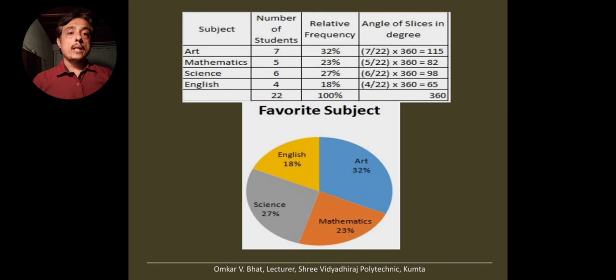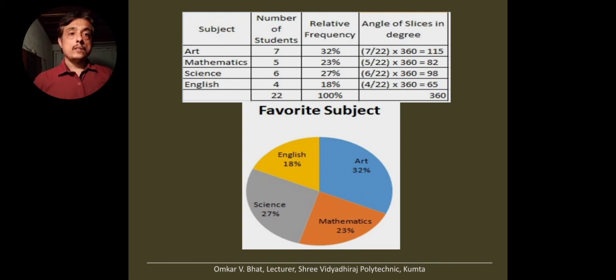Each and every slice is represented with a different color here. See, it is not compulsory to represent each and every slice with a different color. If you represent them with different color, it will be very attractive. That is why different colors have been used here.